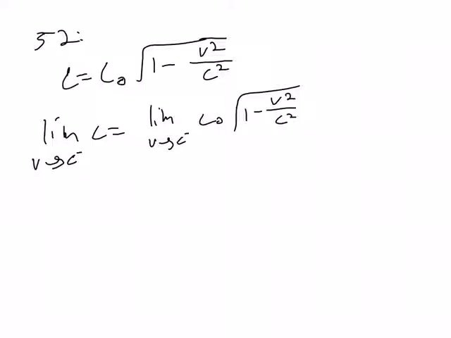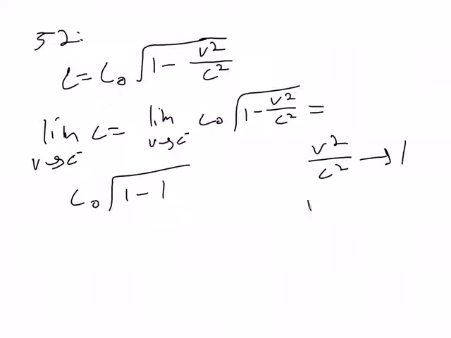And as we approach C from the left, this becomes L0 times the square root of 1 minus 1, because V squared over C squared gets closer and closer to 1 as V goes to the speed of light, which is then equal to 0. So the limit as V gets close to the speed of light of L is equal to 0. So the object will have length 0.